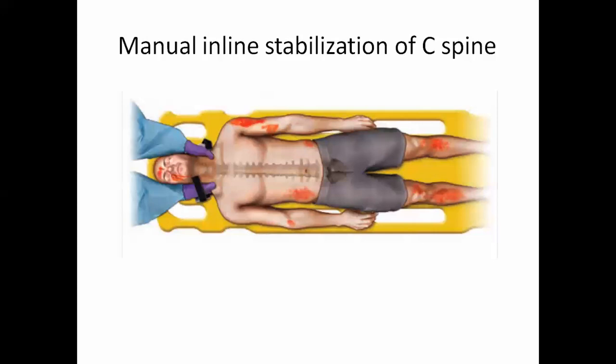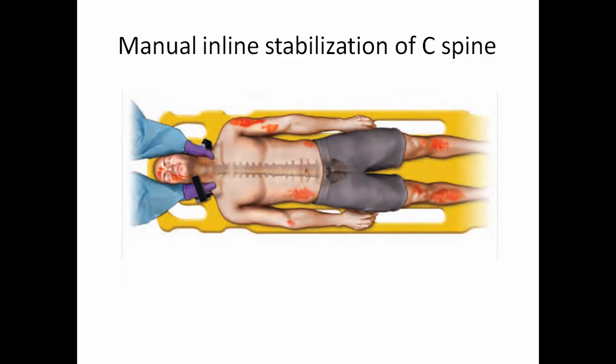So this is the manual inline stabilization. You stand at the head end of the patient and put your hands as shown here. The main thing is you should not allow the head to move in a sideward direction or in extension or flexion. You're restricting the motion always, not only flexion and extension, you need to restrict the sideways motion as well.